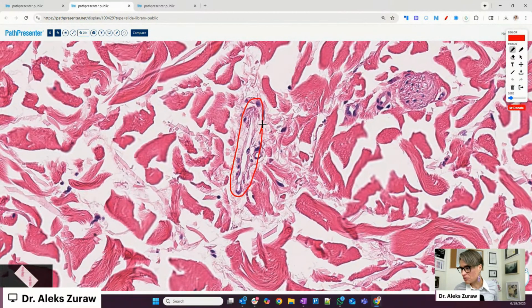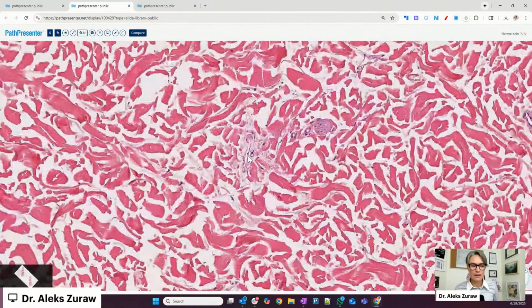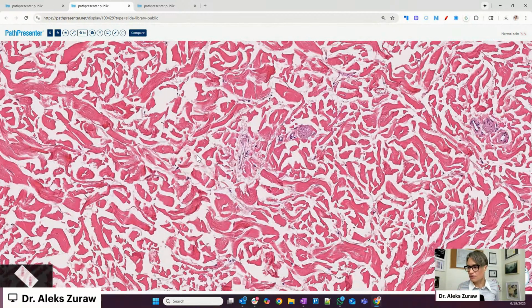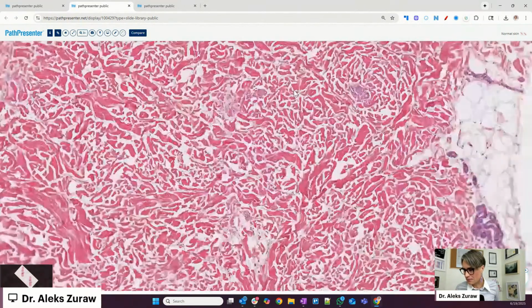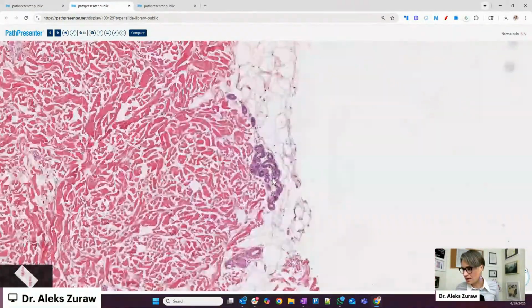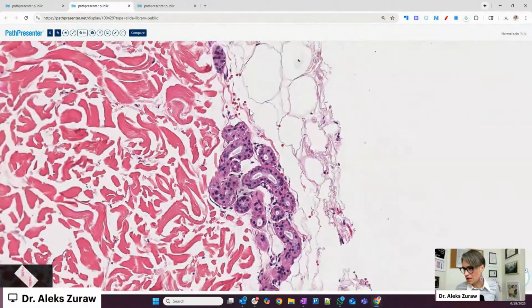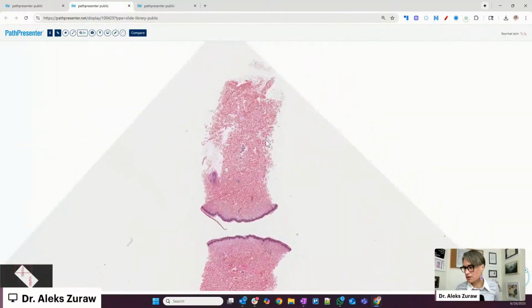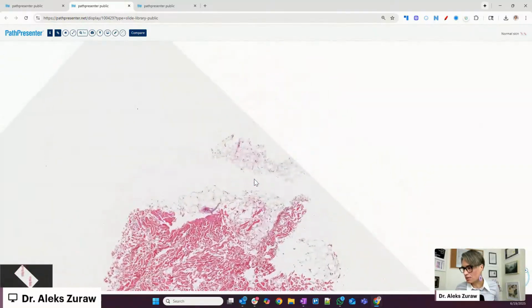A little bit difficult to see, but what I'm drawing around has a lumen. Now I'm drawing in the lumen, and this is a vessel. Looks like a vein. The arteries are always a lot rounder and look firmer, and veins get flattened. Here we have a bunch of glands.